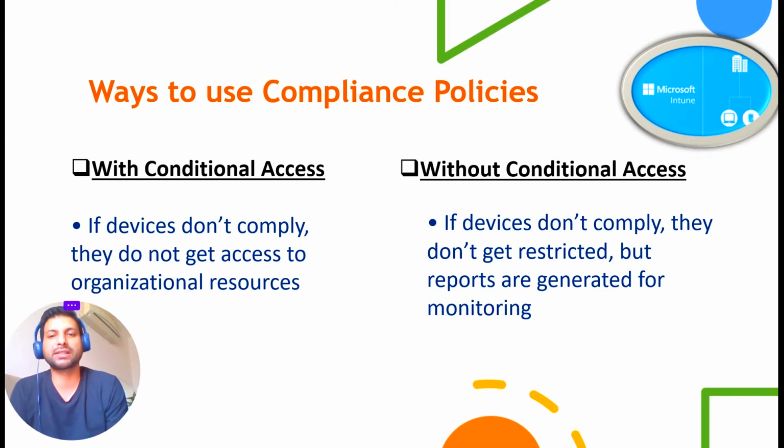Without conditional access, if your device does not comply, it does not get restricted, but reports are generated for monitoring. So the administrator can know who the troublemaking users and devices are. A mail can be set up to be sent to the end user. The report can be generated for monitoring purposes, but the device doesn't get blocked.